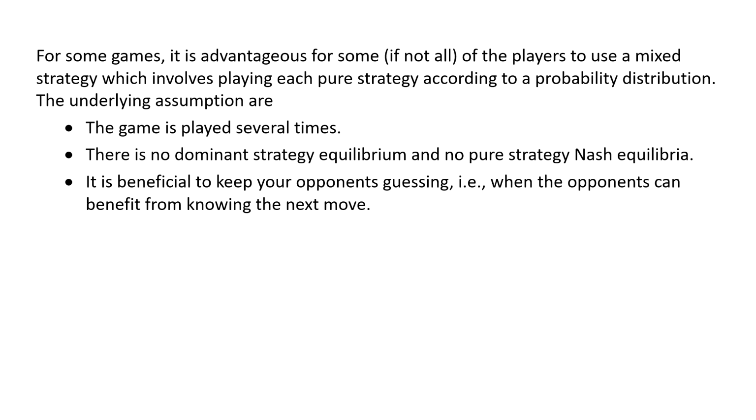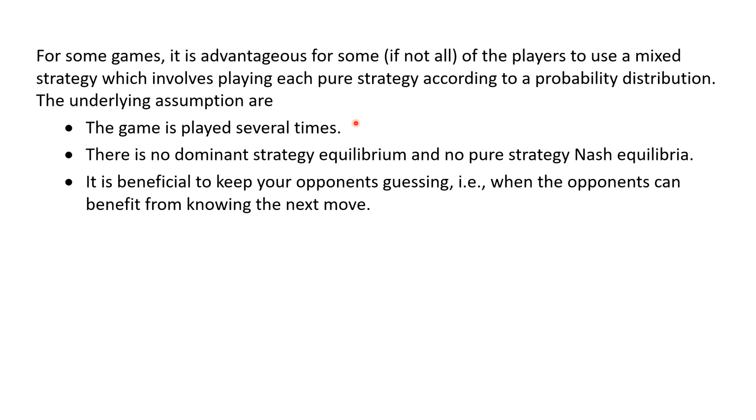So we saw this for the rock, scissors, paper game, where we speculated that it would make sense for each player to play each pure strategy 1/3 of the time to keep their opponent off guard. And these are the general assumptions for these mixed strategy games.